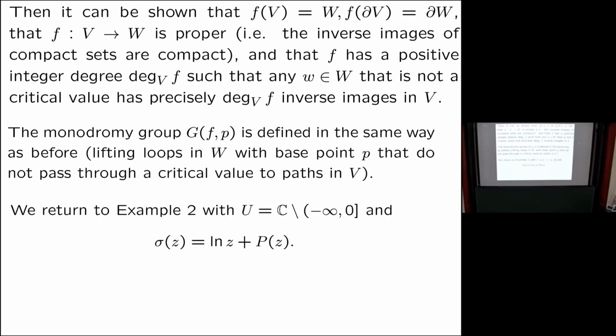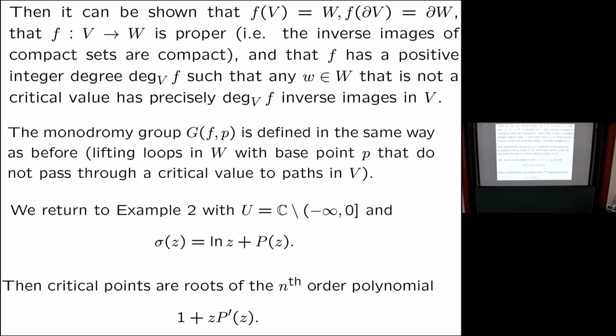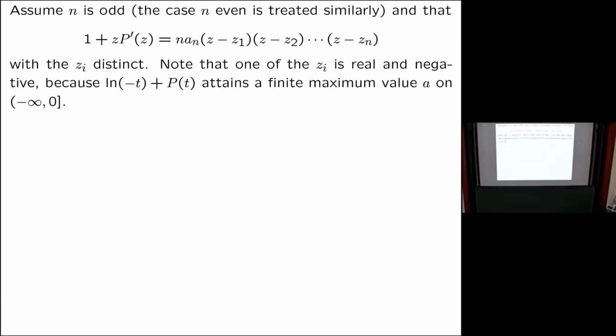Okay, so now returning to this example, sigma of z is log z plus P of z. The critical points are the roots of this nth order polynomial. You get 1 over z plus P prime. And we'll assume that n is odd, and that z times P prime is this polynomial.